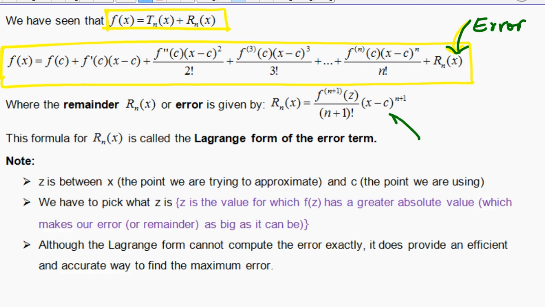Now, this is in your formula booklet. And this is called the Lagrange form of error term. I just want to point out that the notations that I've used here are different from what you have in your formula booklet.